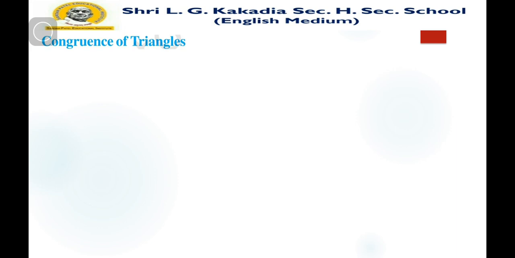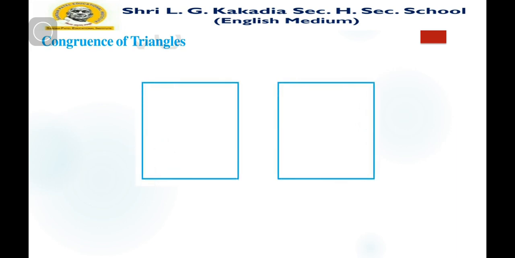If you take an ATM card of SBI or of HDFC, you can find that both cards are the same in size. So these two figures are known as congruent, equal in size. As you can see here, given two figures, two squares.